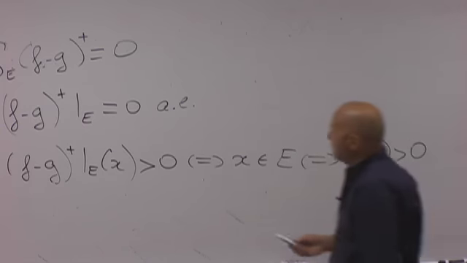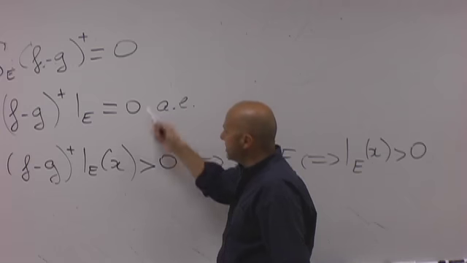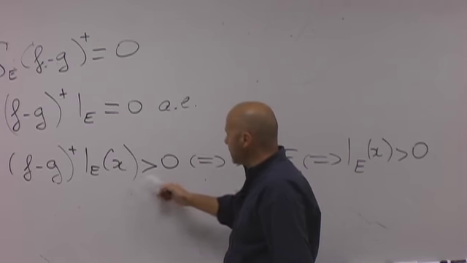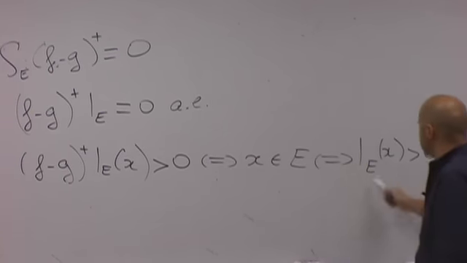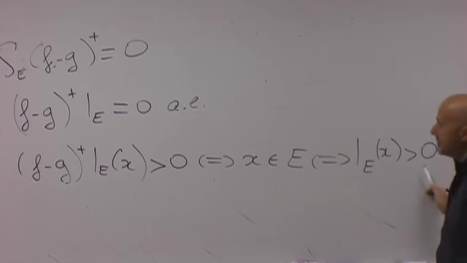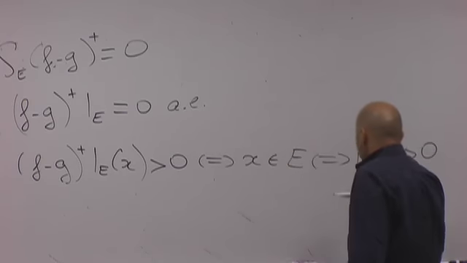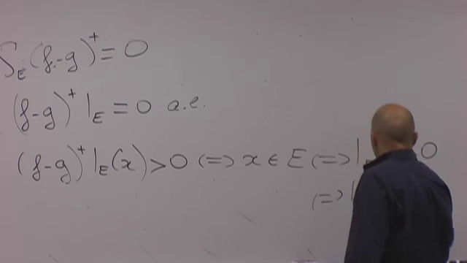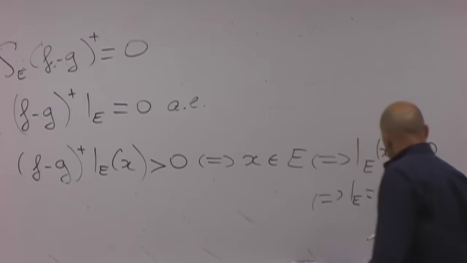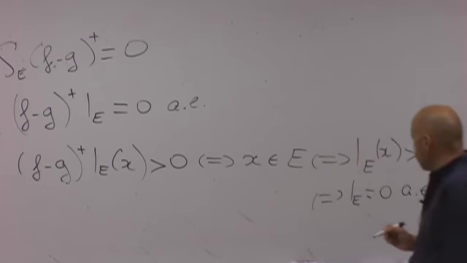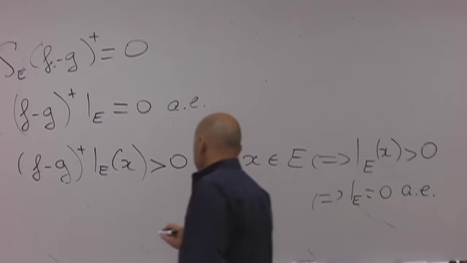Okay, so my almost everywhere 0 function is strictly positive if and only if this function is strictly positive. But this is 0 almost everywhere. So this tells me also that 1E must be 0 almost everywhere. And therefore it tells me that E is a null set.